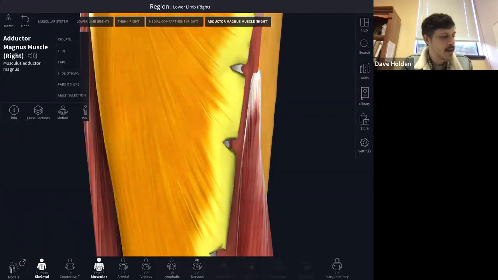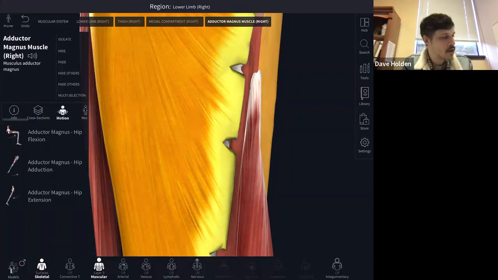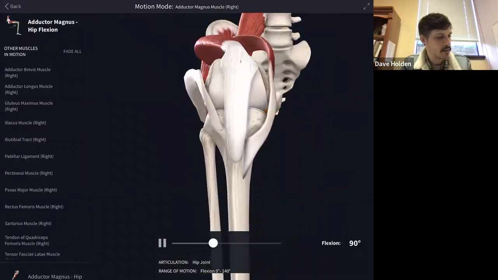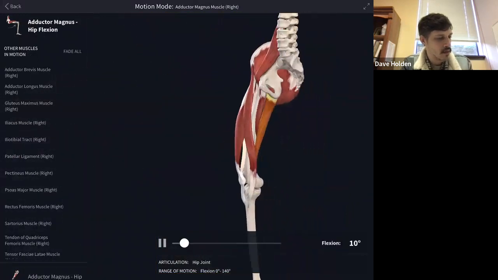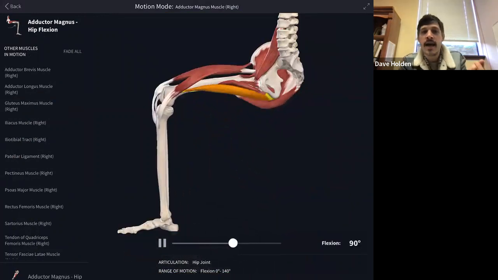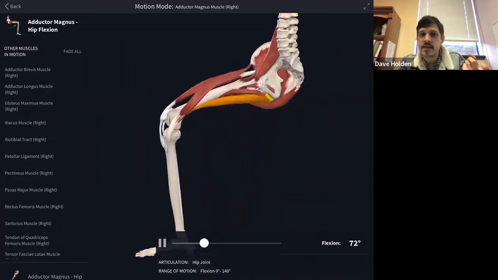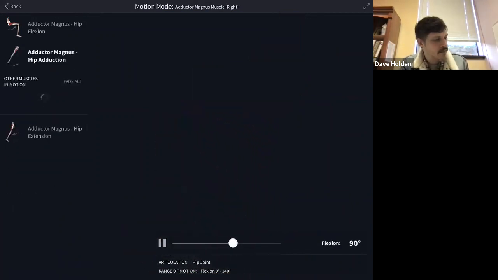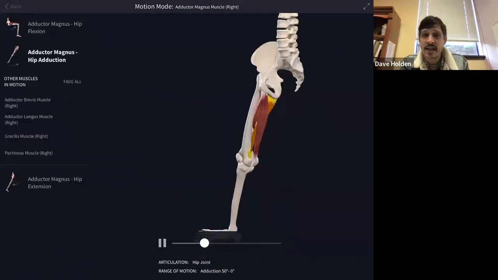So we'll take a peek at this muscle in motion. We'll start with hip flexion. Reset, computer, reset. There we go. So as the muscle shortens, it is pulling the knee towards the hip. We also have hip adduction.